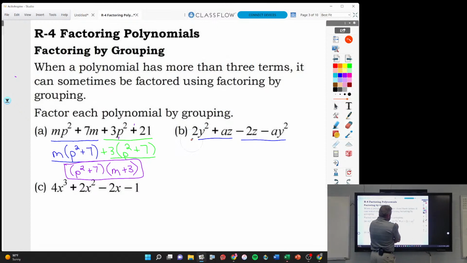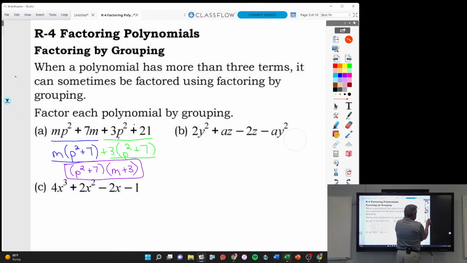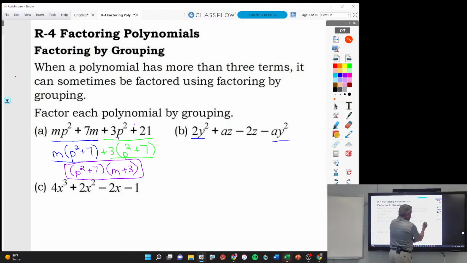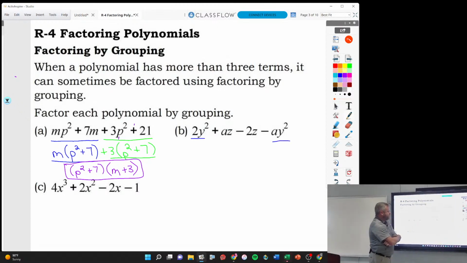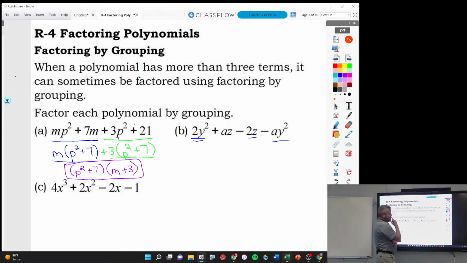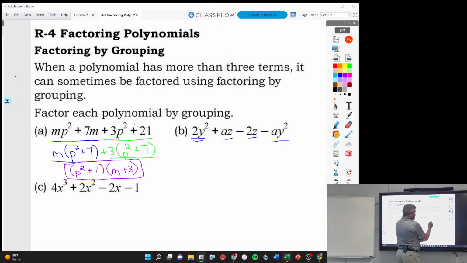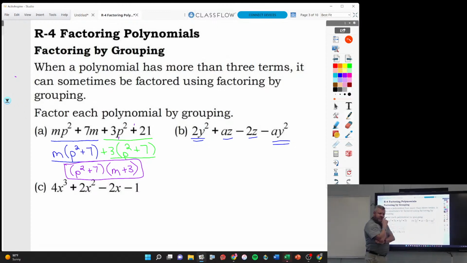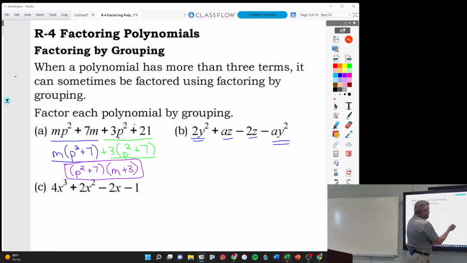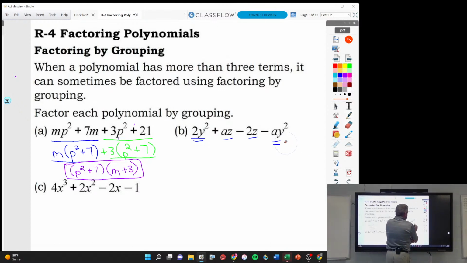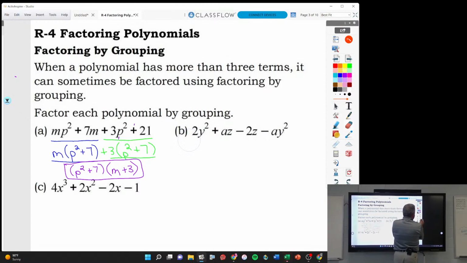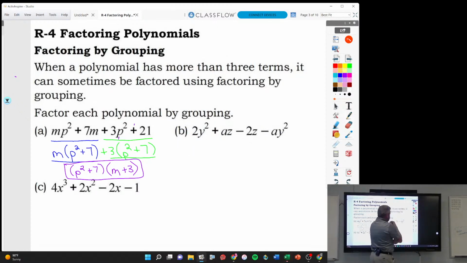So when I look at this, I see that there are 2 terms that have y squareds in them. But I also see 2 terms that have 2's in them. And I also see terms that have a's in them. There are lots of ways to group it, but which way is going to be beneficial to us? Let's look at grouping it where we can take that first piece off.